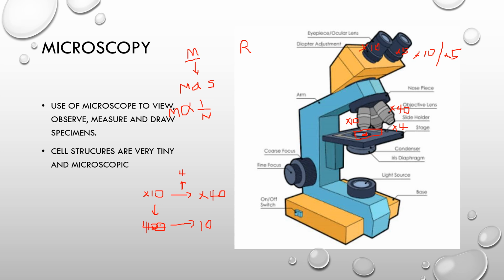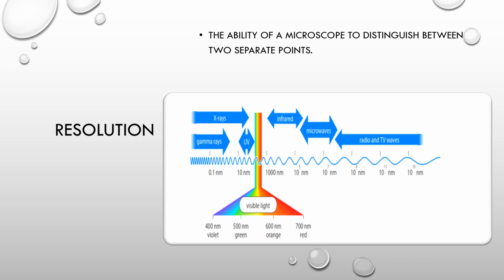All right, let's go to resolution. Now, what is resolution, guys? Resolution is the ability of a microscope to distinguish between two separate points. So it is the ability of the microscope to tell us that point A and point B are not the same.